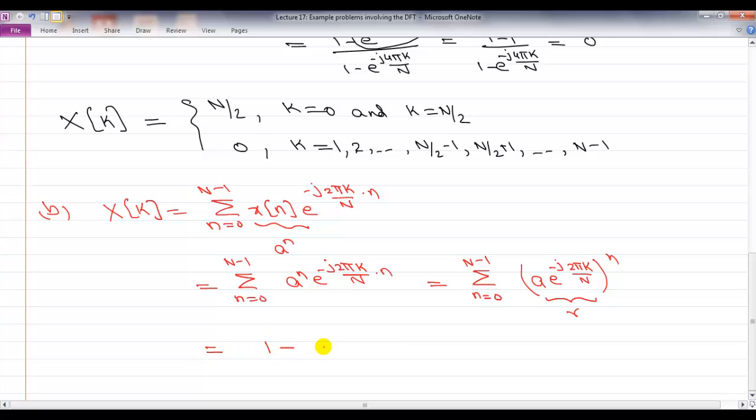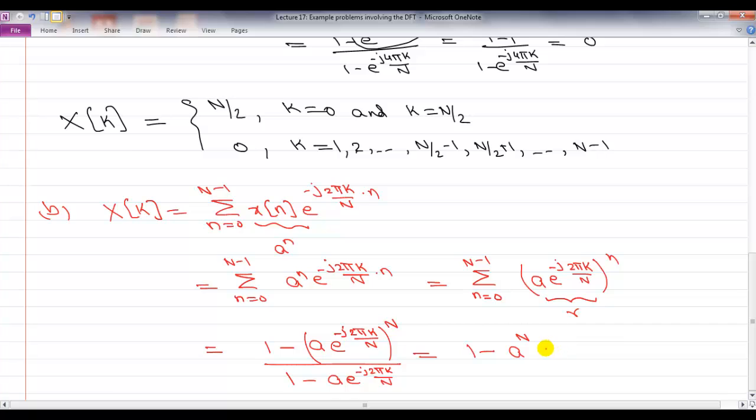I get 1 minus r to the total number of terms. So my r is a e to the minus j 2 pi k over N, and the total number of terms I have are capital N, over 1 minus a e to the minus j 2 pi k over N. Now I'll just take the power.